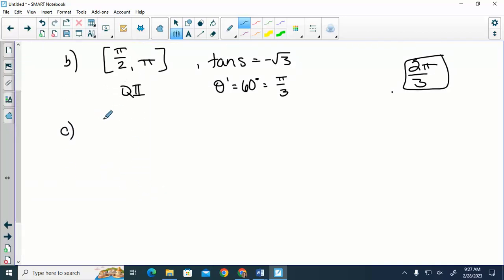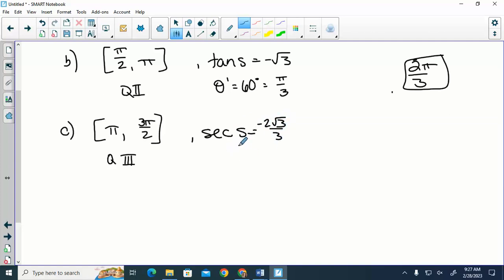C. If we are between pi and 3 pi over 2, what quadrant is that? So, where is secant equal to negative 2 radical 3 over 2?